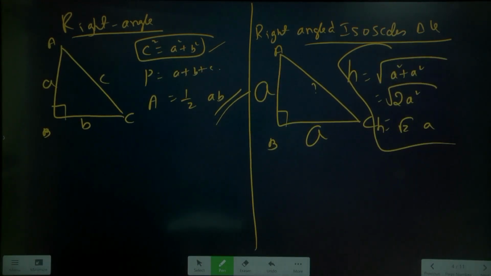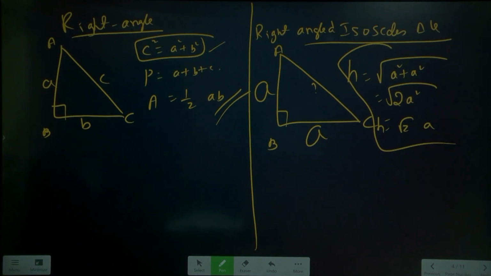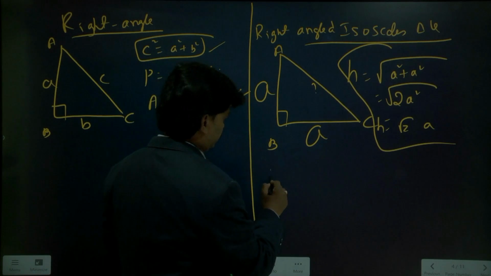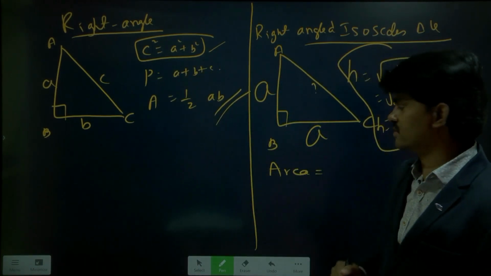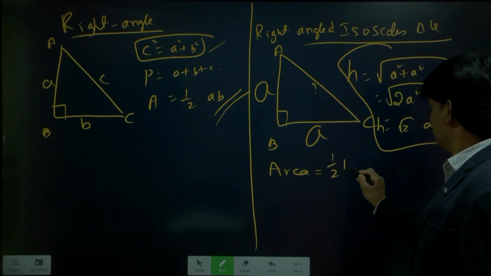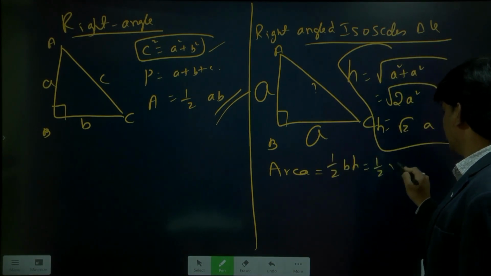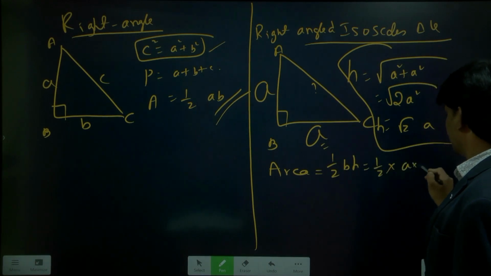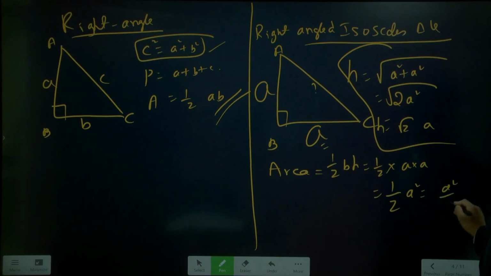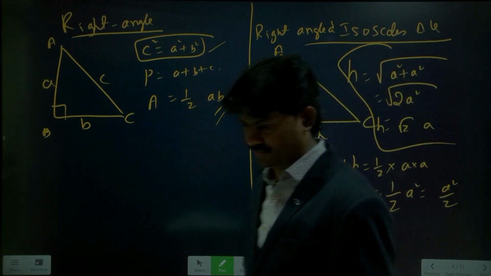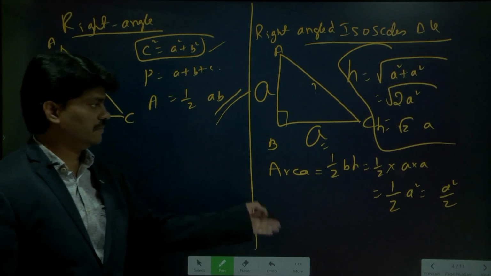Root 2 A. Next, area. Area of right angle isosceles triangle, as usual, is half of base into height. Base is A and height is also A, so half of A square, or A square by 2.